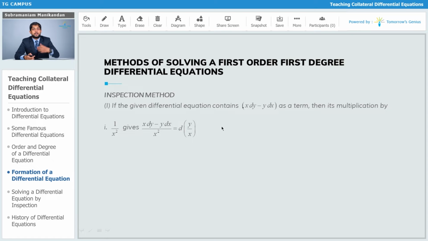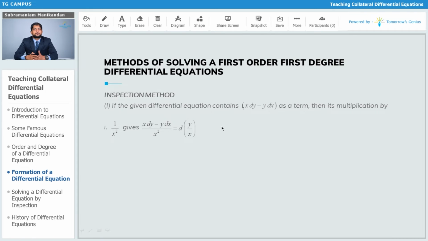When it is higher order differential equations, then it becomes a little harder to predict just by visual inspection. You have to do certain calculations. So that is why inspection method could be used to solve differential equations. This is not the only way to solve first order, first degree equations, but then could be used as a shortcut method to solve the first order and first degree differential equations.